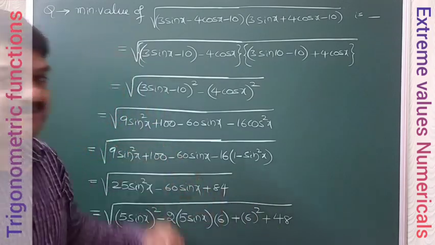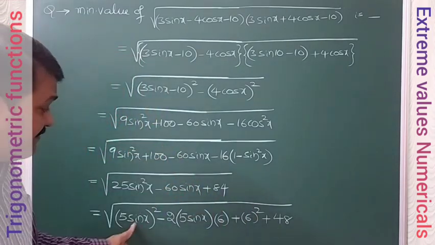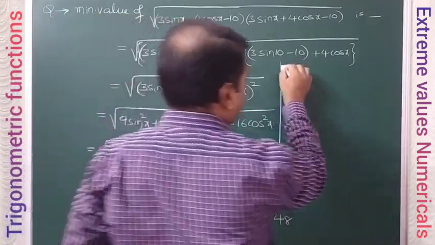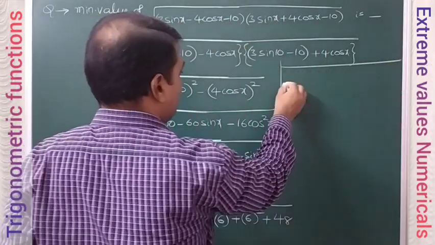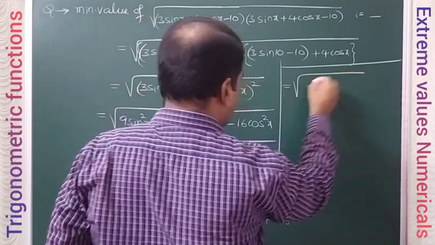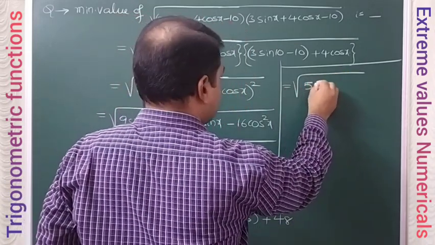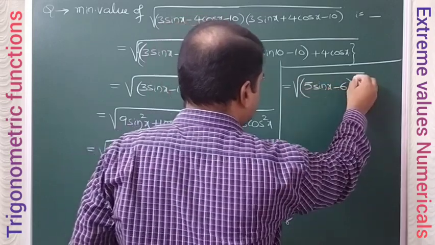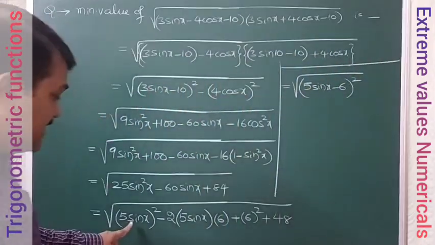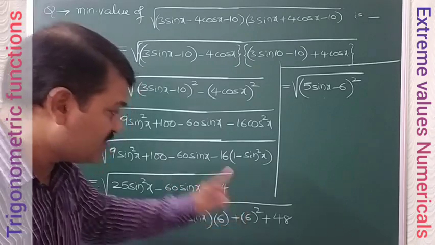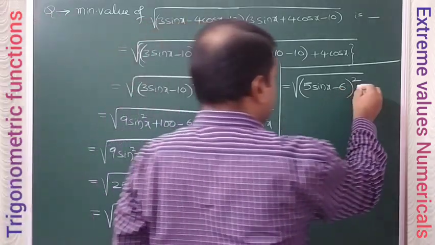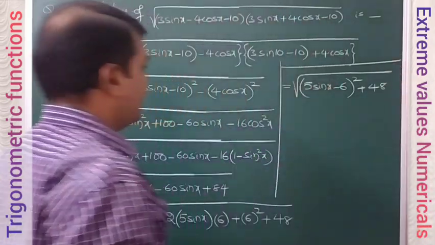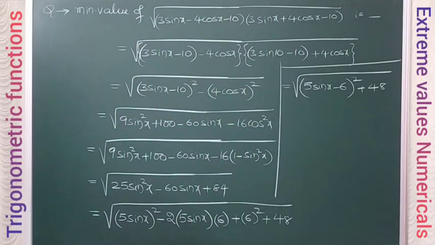Now for the first three terms, you will get under root (5 sine x minus 6) whole square plus 48. So within the square root you are getting like this.